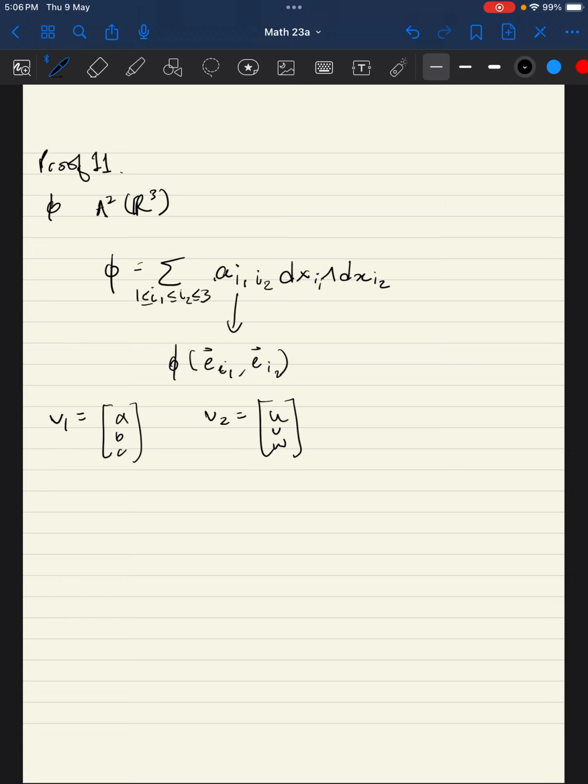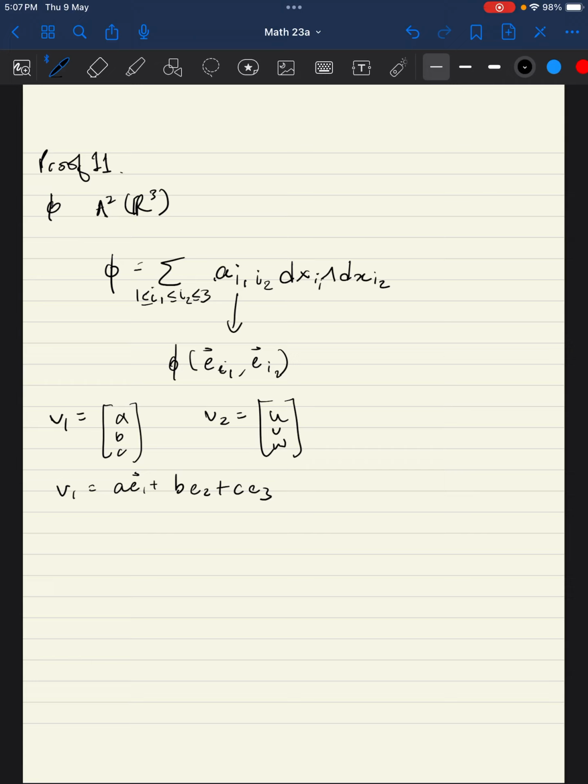Once we multiply this out, so if this one was V1, in terms of E1, we would get AE1 plus BE2 plus CE3.